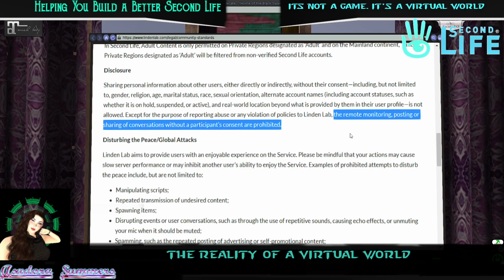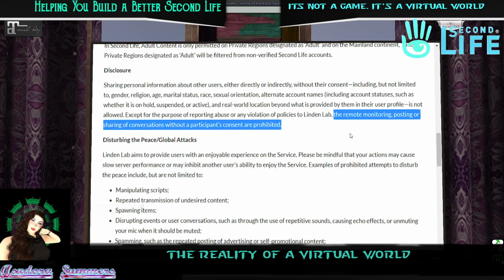Now, in the previous video, part 6, I went over the terms of service where it states this same thing. However, it was only geared to Linden Lab employees.